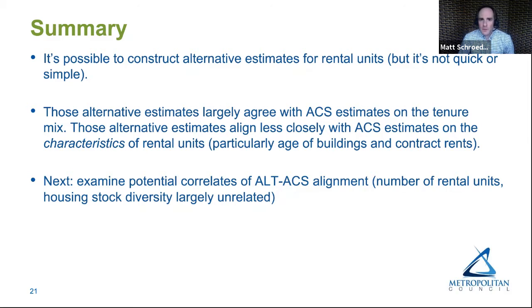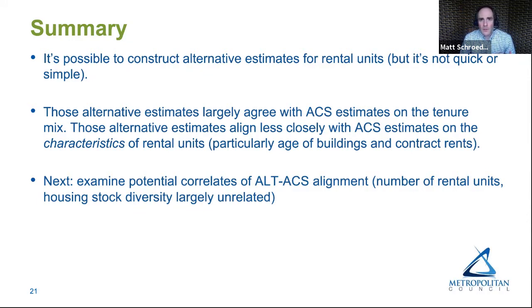One thing I wasn't able to do for this, that I think might go farther towards providing actionable data, would be to look at the potential correlates of the alternative and ACS estimates' alignments. I did see that the number of rental units in a tract, the housing stock diversity in a tract, was pretty much unrelated to the divergence of these two sets of estimates.